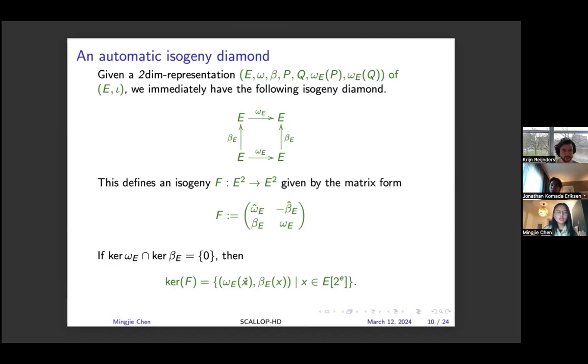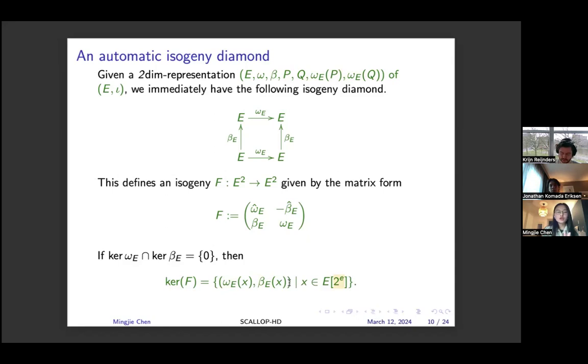In fact, we only need to know how omega_E acts on the 2^e torsion, which is also what we specified in the two-dim representation. We don't need to give the evaluation of beta_E on the 2 torsion because beta_E is also in the quadratic order, so it can be written as a scalar multiplication plus an integer of omega_E.